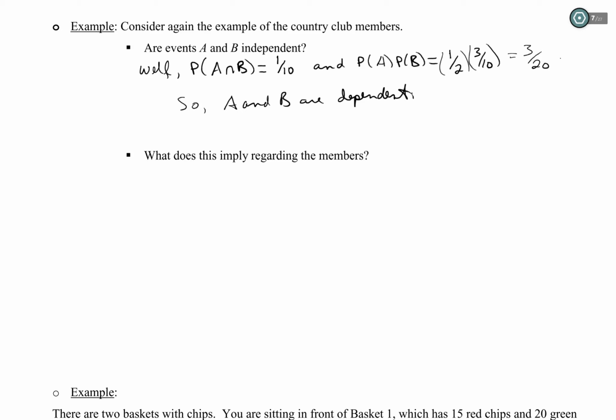Alright, so kind of getting off track here. What does this imply regarding the members? That A and B are dependent.